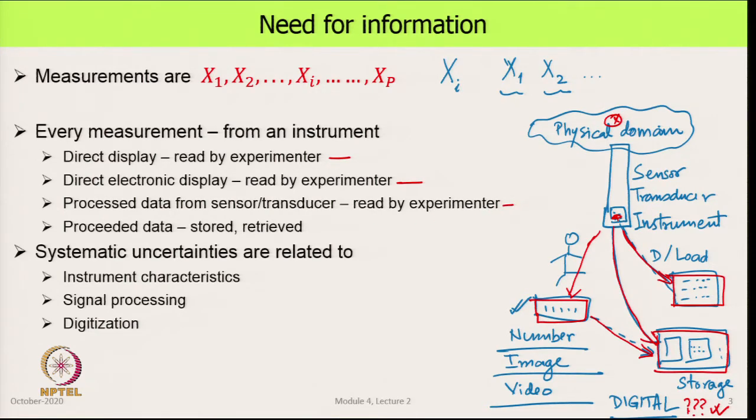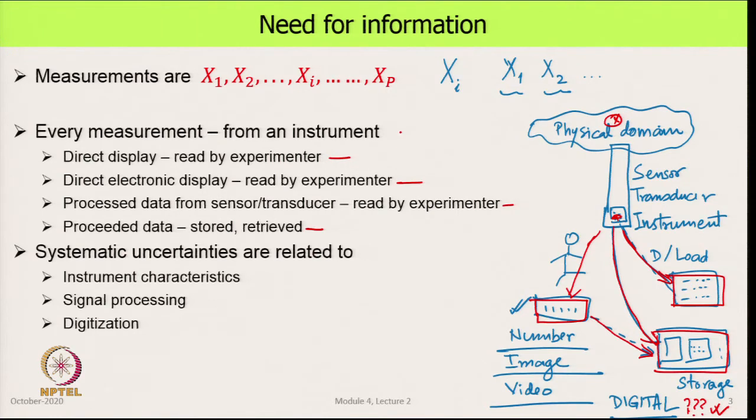So, here some operations took place and then you saw the data, and an example of this is a thermocouple sensor whose data has been processed, and finally, a display gives us the temperature in degrees Celsius. And the last thing that we saw here was that the data was directly sent to a storage, and from there we retrieved it and we looked at it as numbers.